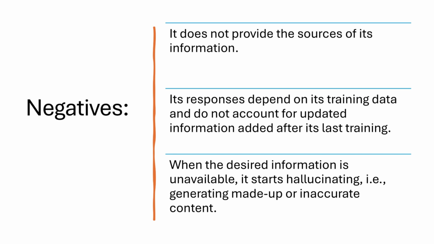First, it doesn't provide the sources of its information, leaving users uncertain about its accuracy. Second, its knowledge is limited to its training data, meaning it can't incorporate updates or developments that occurred after its last training cycle. Finally, when it lacks the information needed, it may resort to hallucinating, producing content that is fabricated or inaccurate. These strengths and limitations paint a nuanced picture of what tools like ChatGPT can and cannot do.